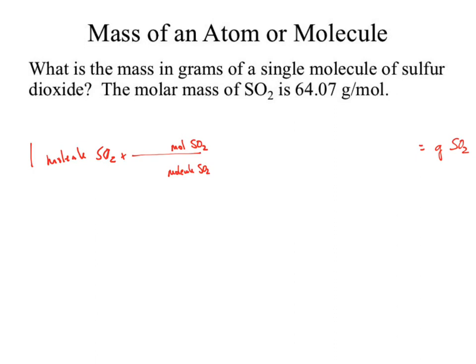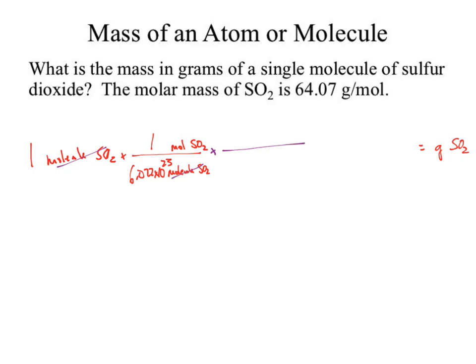We had a conversion set up with molecules of SO2 converting into moles of SO2. What is that conversion factor? 1 mole of SO2 over 6.022 times 10 to the 23rd molecules of SO2. Thank you for that hot fix. Now we have moles of SO2. Is that what I want for an answer?